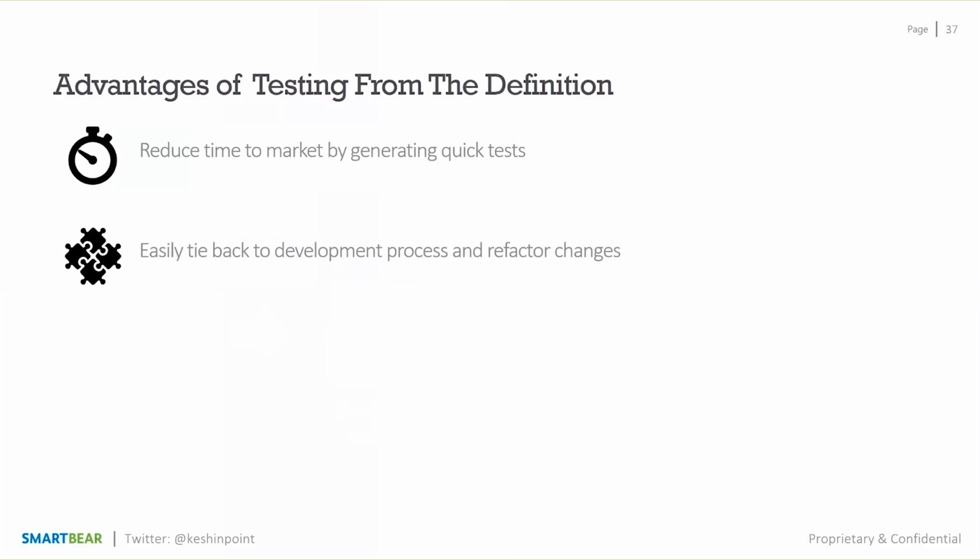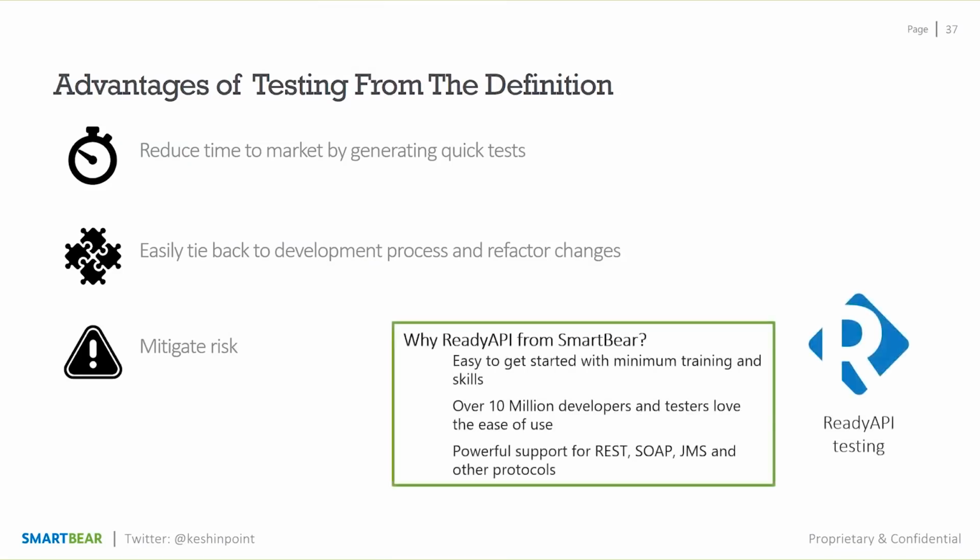It easily ties back to the development process, so you can easily refactor changes anytime there have been updates. And finally, it mitigates risk. This is kind of obvious because while you're doing quality testing, especially if you have a public API in production, you want to ensure that it doesn't introduce any breaking changes to your production applications.